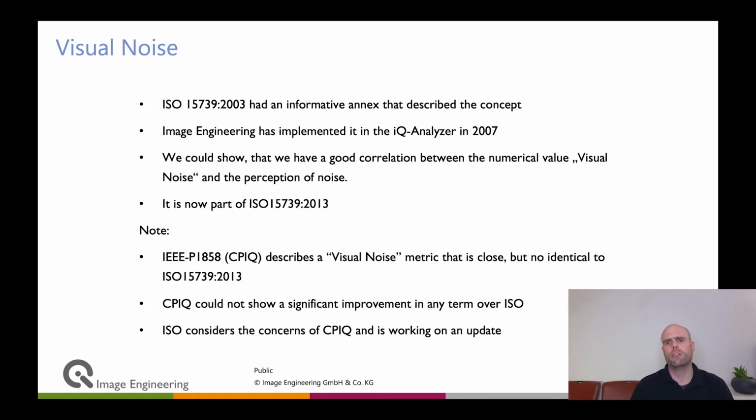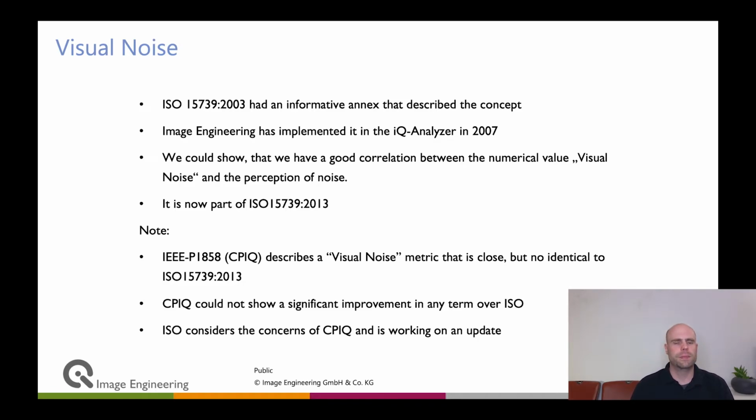And maybe just to mention, there are different flavors of visual noise out there. There is the ISO 15739 visual noise, but also the IEEE P1858, also known as CPIQ. They defined a procedure to measure visual noise. Even though it's called the same and the concept is very similar, there are differences. The CPIQ tried to improve the ISO method.